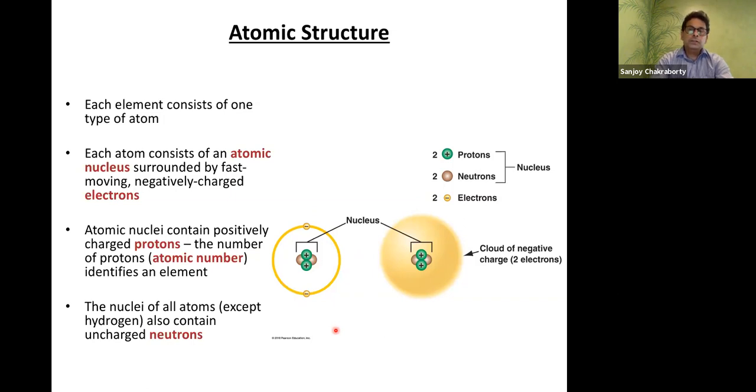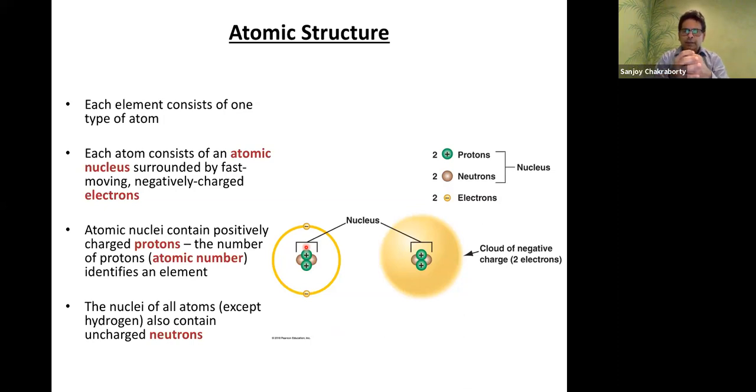So what is the solar system model? Exactly like the solar system, the sun is in the middle and the planets are revolving around the sun. Same thing here. The nucleus is at the center. So what is the nucleus? The atom's nucleus consists of all their protons and all their neutrons. Whatever number of protons and neutrons they have combined, they are in the nucleus.